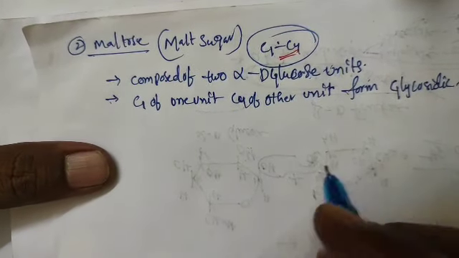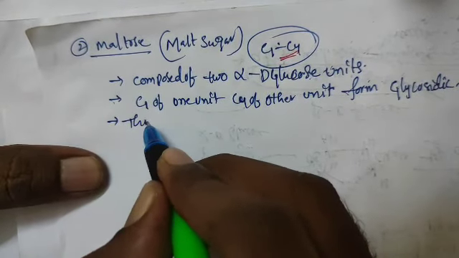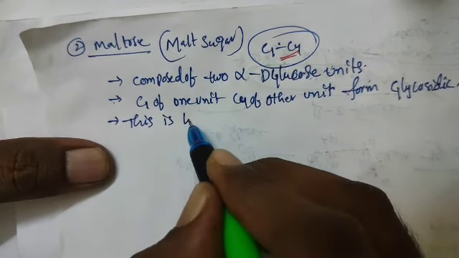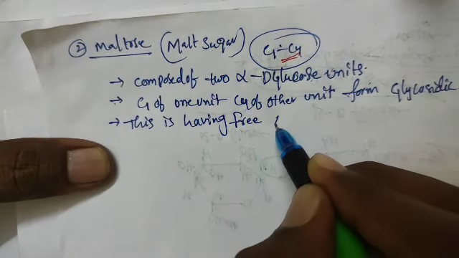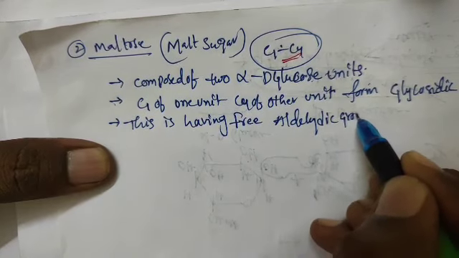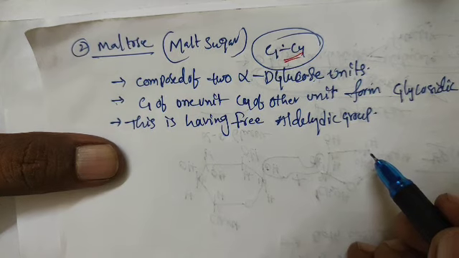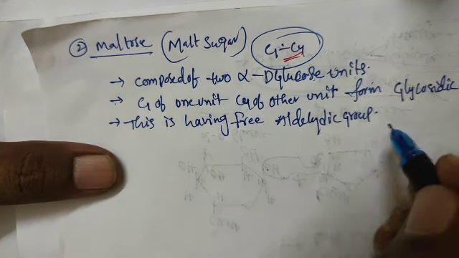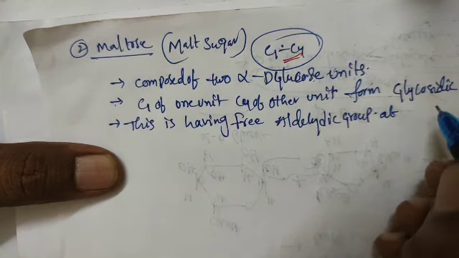Maltose has a free aldehydic group. At which carbon?